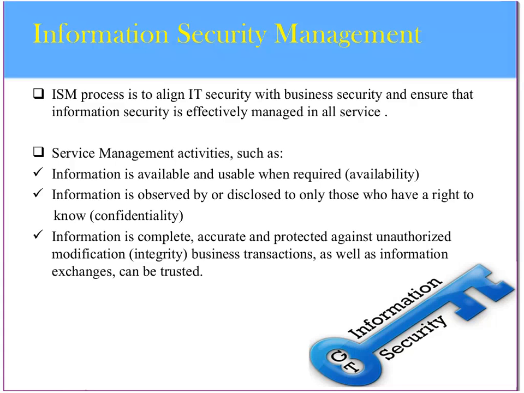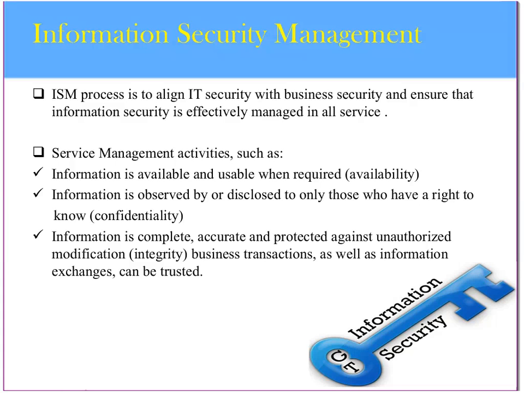That is called availability. Information is observed by or disclosed to only those who have a right to know. That is called confidentiality. Information is complete, accurate, and protected against unauthorized modification, that is integrity. Business transactions, as well as information exchange, can be trusted.